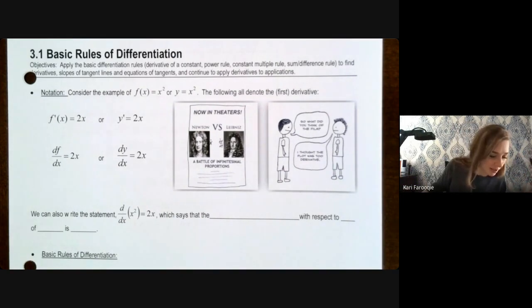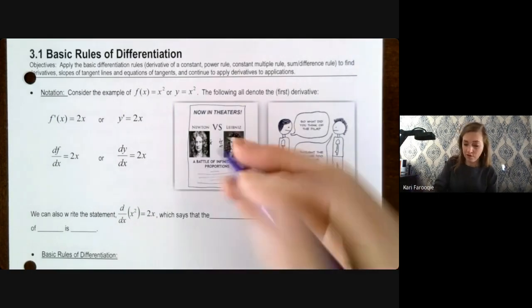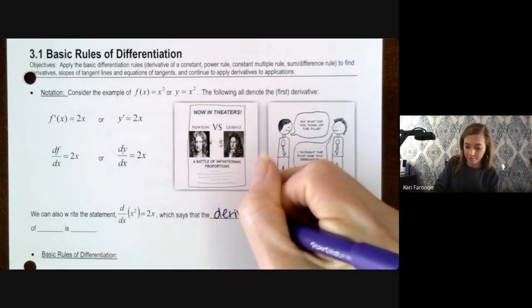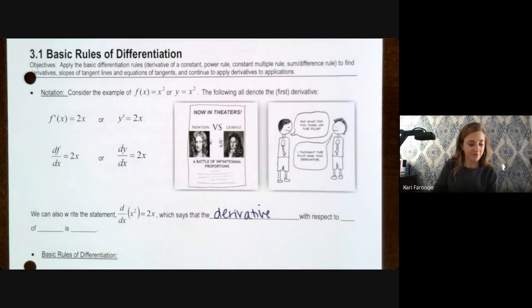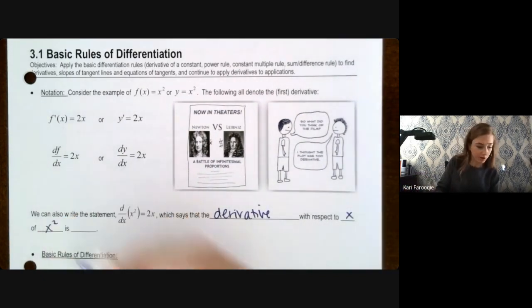Anyway, so let's continue to talk about this. We can write the statement d dx of x squared equals 2x, which says that the derivative with respect to x of x squared is 2x.